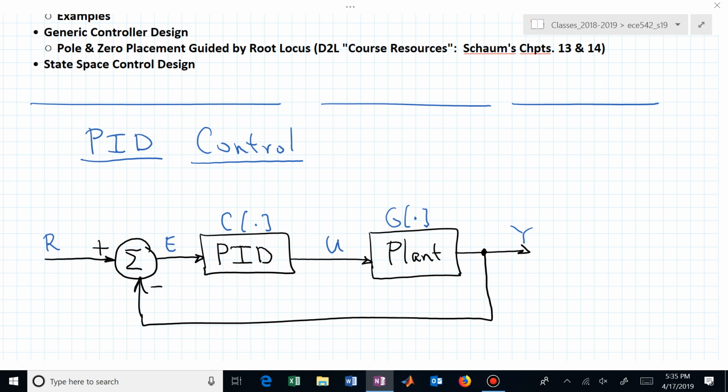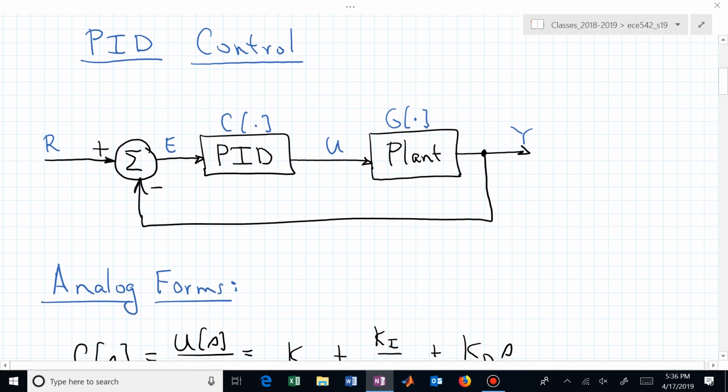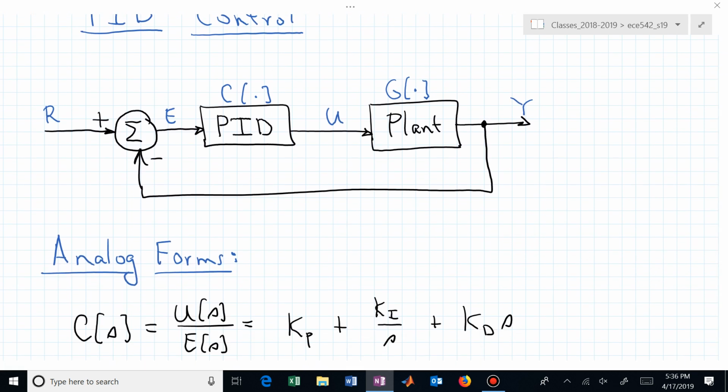The analog, because it allows us to more easily see the P, the I, and the D. Because we can integrate with a 1 over s in the frequency domain, we can differentiate with a multiplication by s, and we can scale P with just a gain K sub P. And that's where we're going to start. And then we will try to illustrate how we can move from that into the discrete time version of a PID controller.